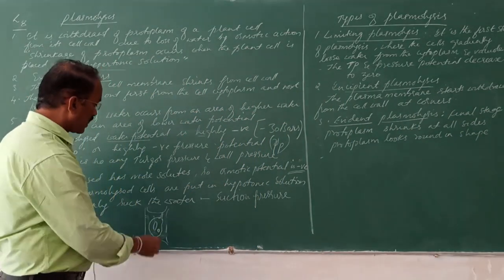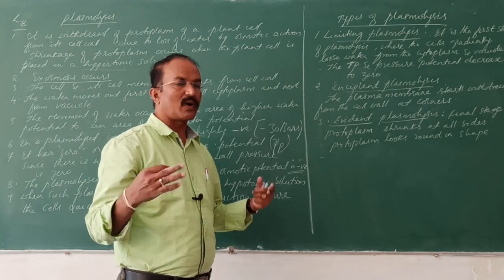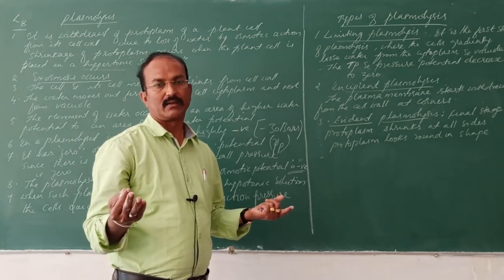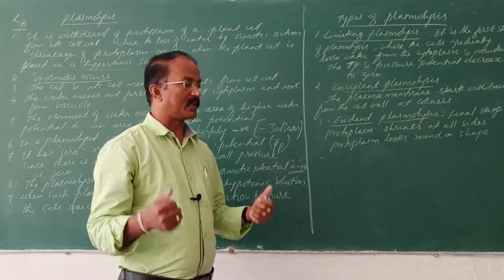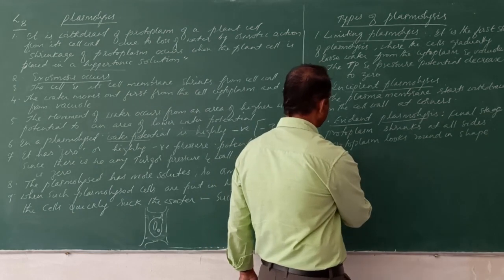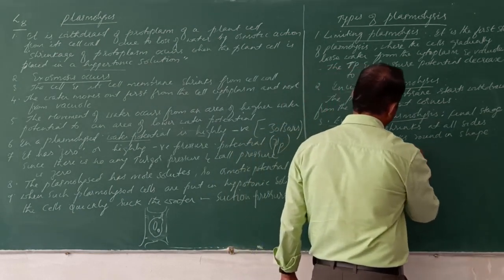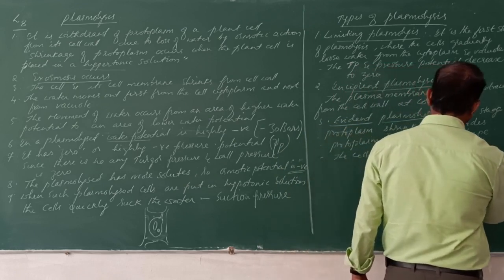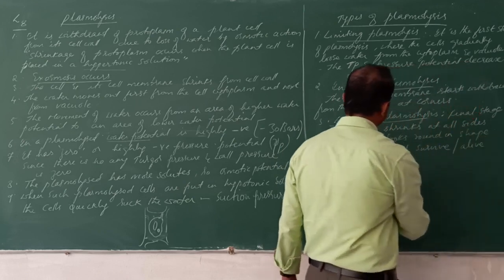Why? Because the cell organelles start losing water. When there is water, the metabolic reactions occur within the cell, and these cell organelles lose their functional efficiency. So the cell cannot survive, or the cell cannot be in an alive condition.